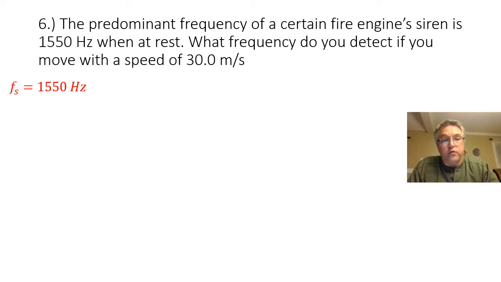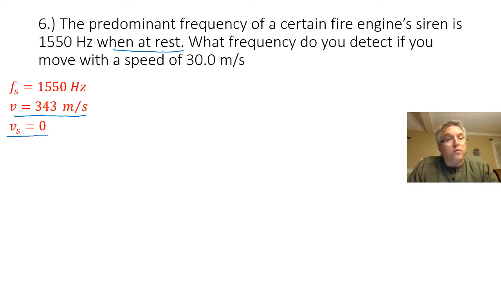The speed of a sound wave at 20 degrees Celsius is 343 meters per second. So if I don't specify a temperature or a speed of the sound wave, we can assume that the air temperature is 20 degrees Celsius and the speed of the sound wave is 343 meters per second. And because the engine is at rest, I know that the velocity of the source is 0.